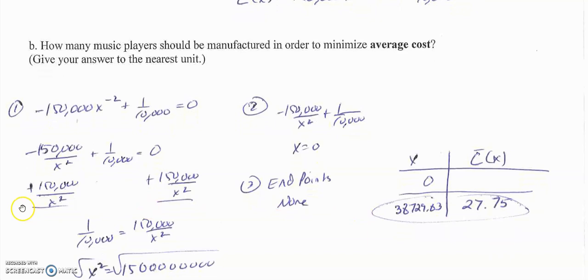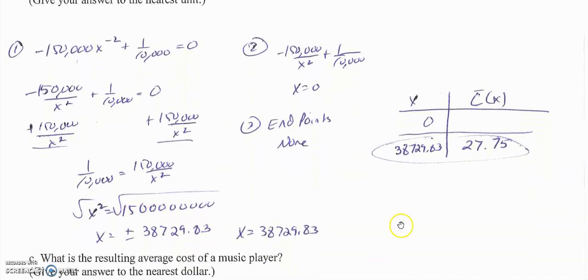We add 150,000 over x squared to both sides, which gives us 1 over 10,000 equals 150,000 over x squared. Cross multiply. 1 times x squared gives you x squared. Then 10,000 times 150,000 gives us 1,500,000,000. But we don't want x squared, we want x, so we take the square root of both sides.